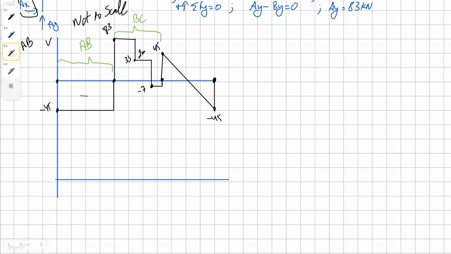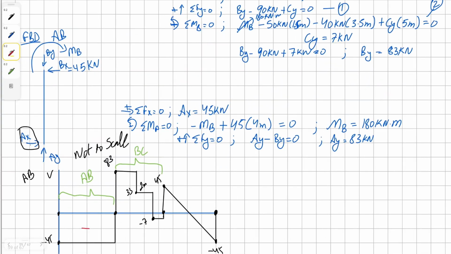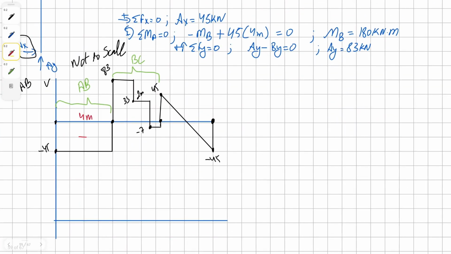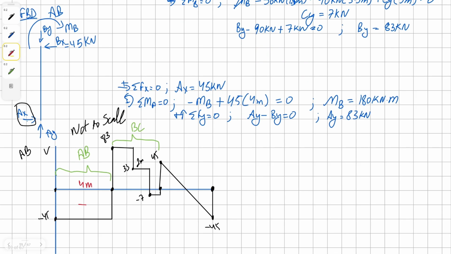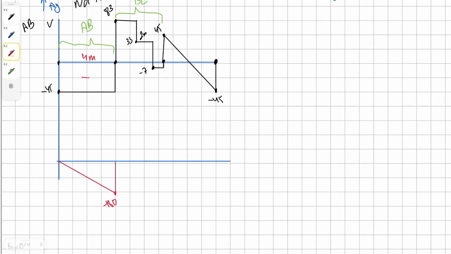So this area is going to be negative, so we have 45 times 4, so we're going to go down using the first order curve all the way to 180, and then we have moment P clockwise, which is going to push us up 180, bring us to 0. This means our AB section is correct.